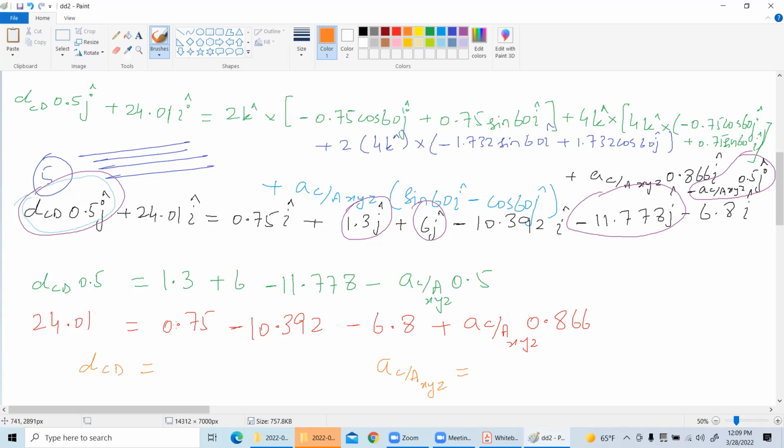AC with respect to AXYZ. 46.7. No, double check. Is it 46.7? AC is 46.7 meters per second square. And what is the value of alpha? You can tell us, by the way. What did you find for alpha?